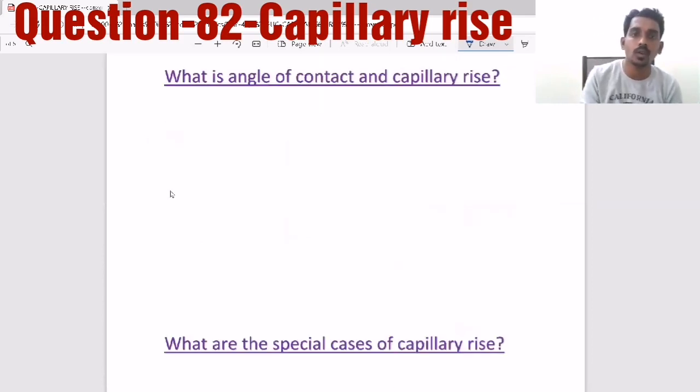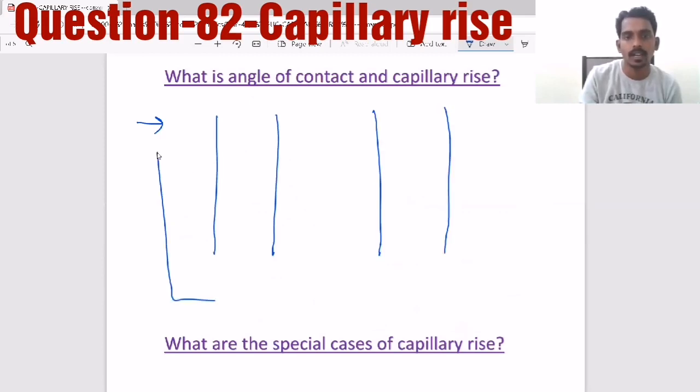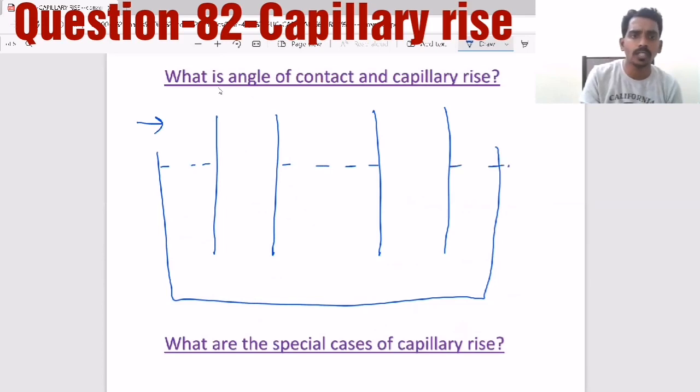Now the next thing is angle of contact and capillary rise. When you consider a narrow tube and put it inside a beaker having some liquid, the liquid may rise up to some height, or the liquid may drop down to some depth.